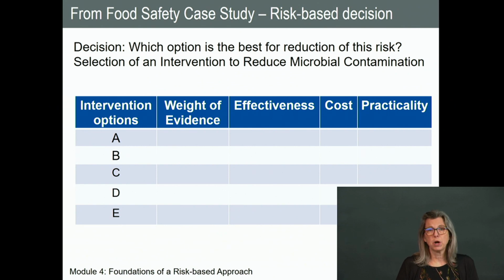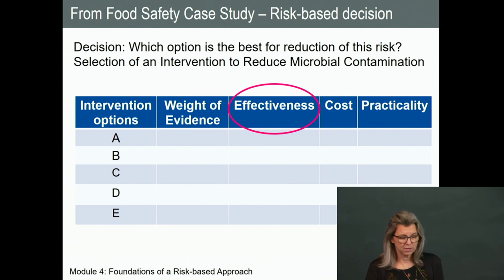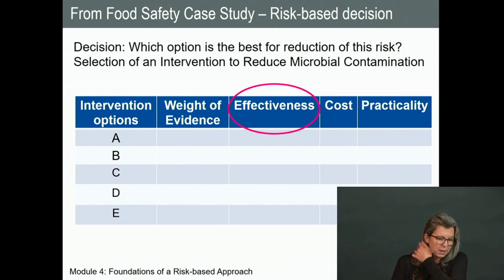So let's go back to our consequence table that we saw before and break it down in terms of this risk-based lens. If you think about where the risk is in this decision, you could say that the first place where you see risk is in the effectiveness, because you would measure effectiveness in terms of the reduction of risk.